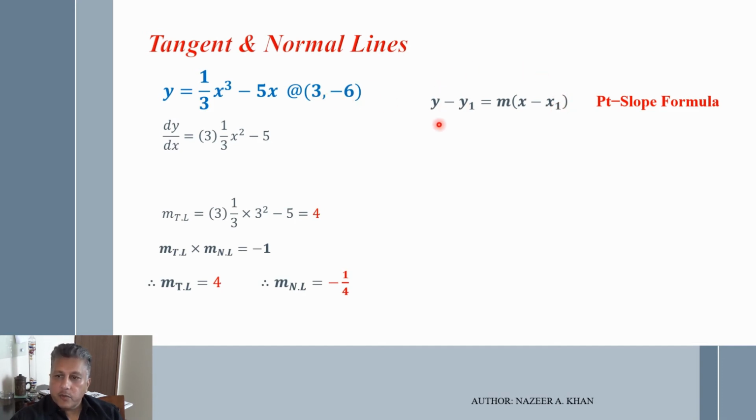But we're going to use this formula with the slope of 4 and come up with the general equation for the tangent line. And here we go. We're going to substitute the tangent line slope, which is 4. We see that this is -6, becomes +6, and this will become -3 right there. We're going to multiply this out, it'll be 4x minus 12.